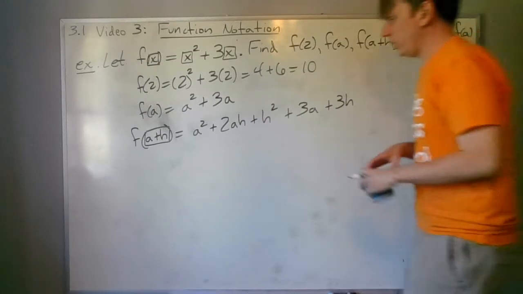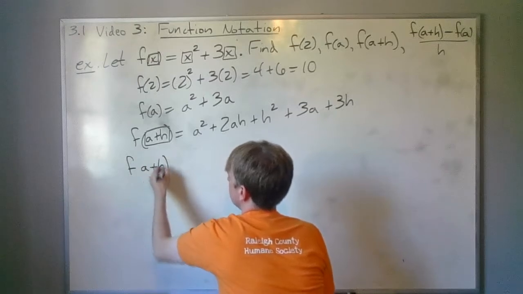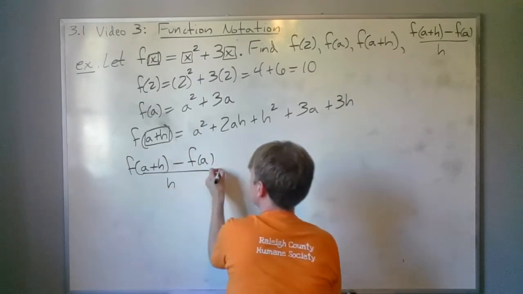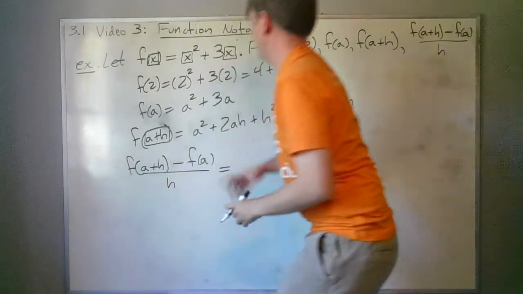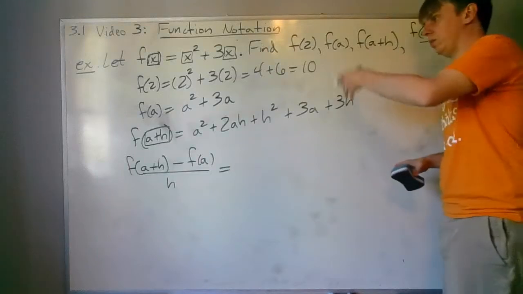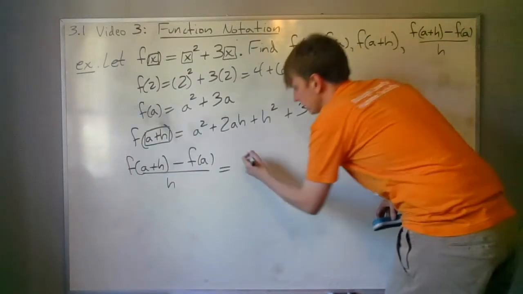So if I want to find that thing, this weird fraction, my numerator is this thing minus this thing. And again, when I plug something complicated into a formula, make sure I stick it in parentheses.